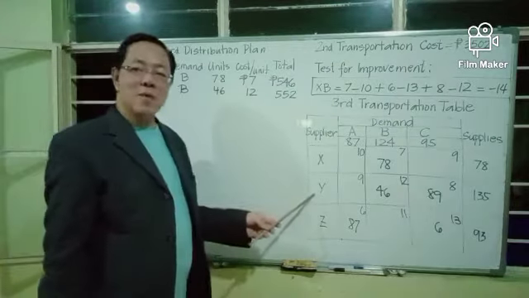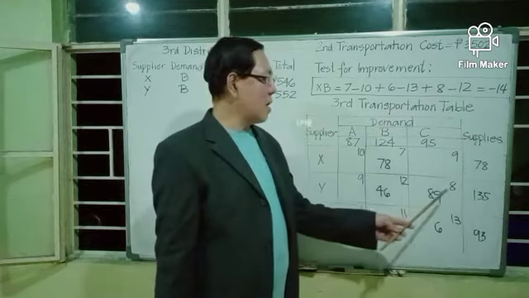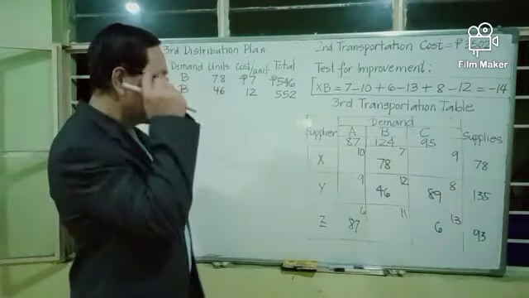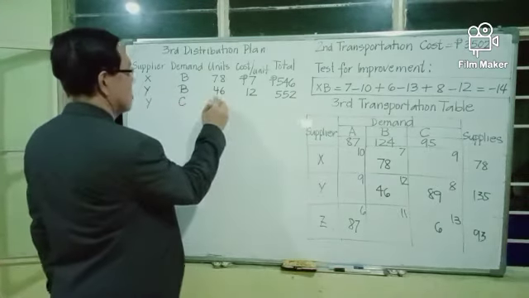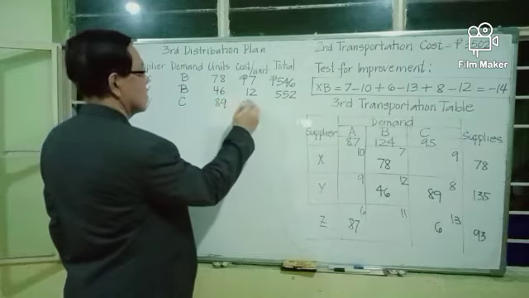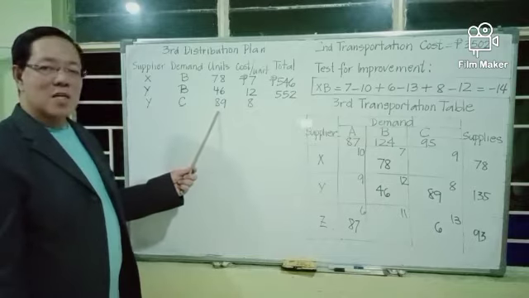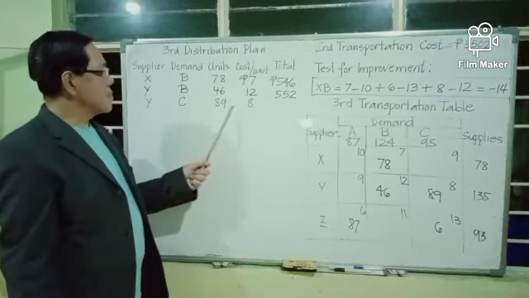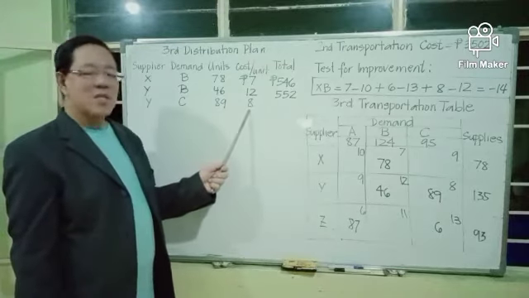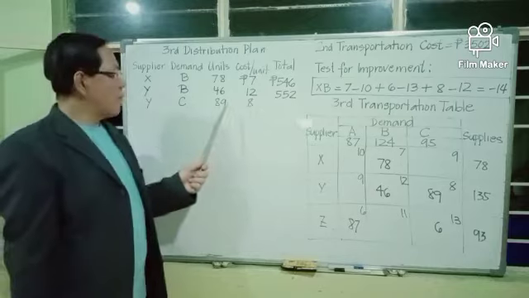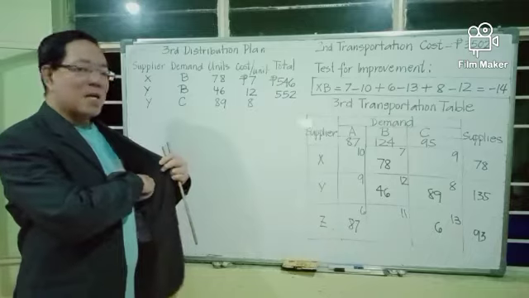And from the same supplier Y to customer C, we supply 89 units at 8 pesos per unit. And we find the total cost of supplying 89 units from supplier Y to customer C at transportation cost of 8 pesos per unit by multiplying 89 by 8.